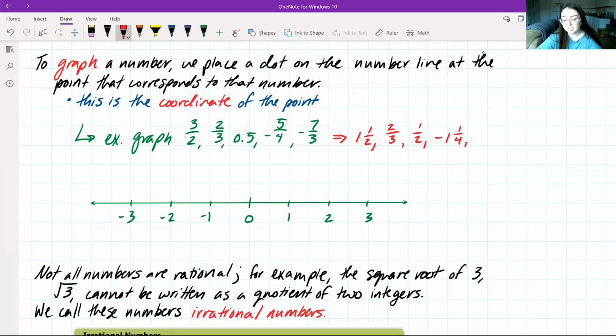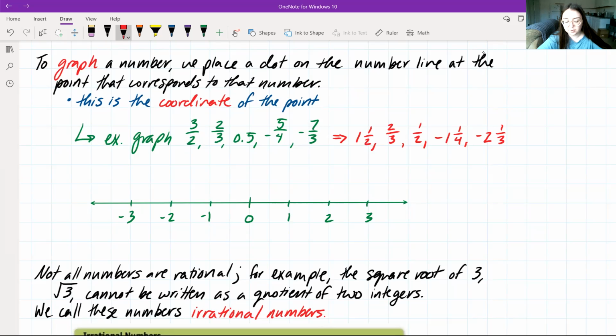And -7/3 is going to be -2 and 1/3. So we've now changed each one of our improper fractions and decimals into mixed numbers and proper fractions. And then we can graph these values.